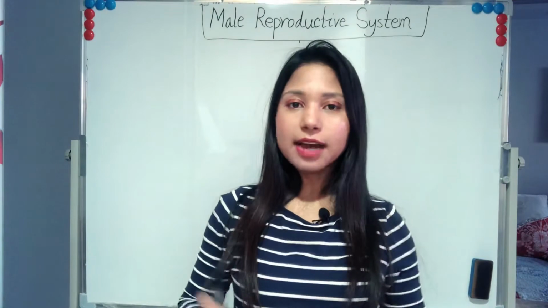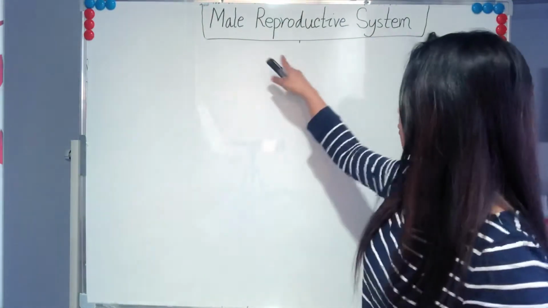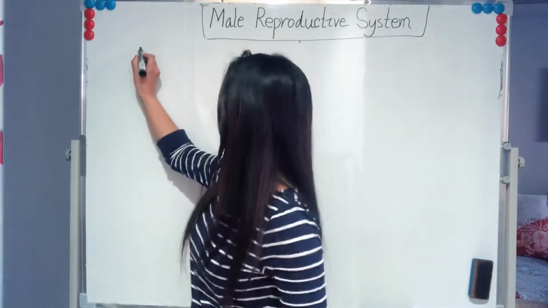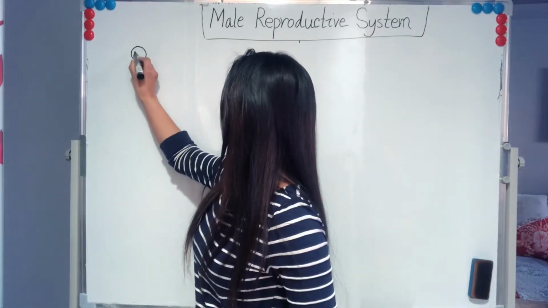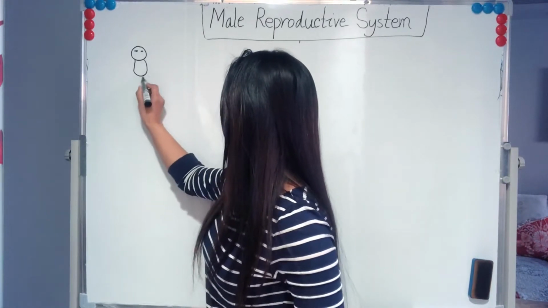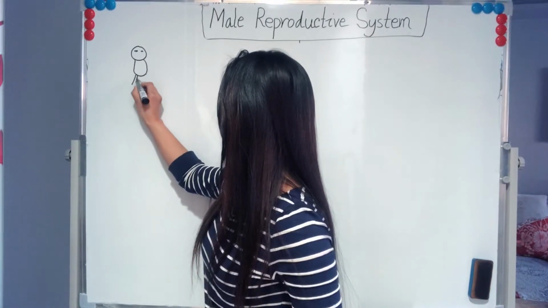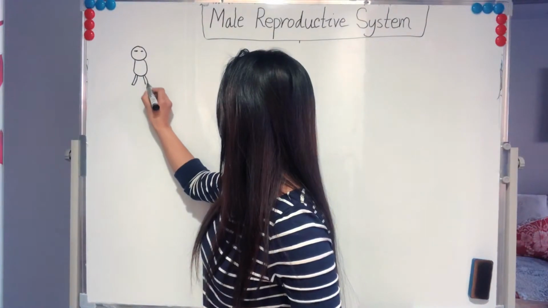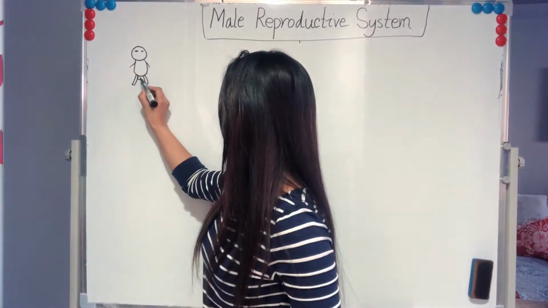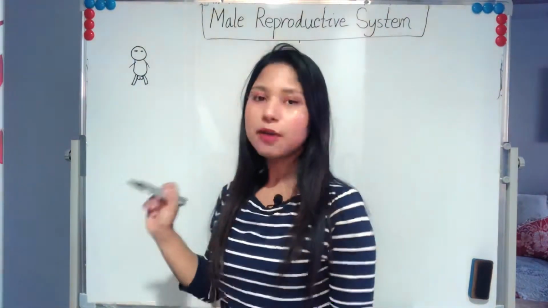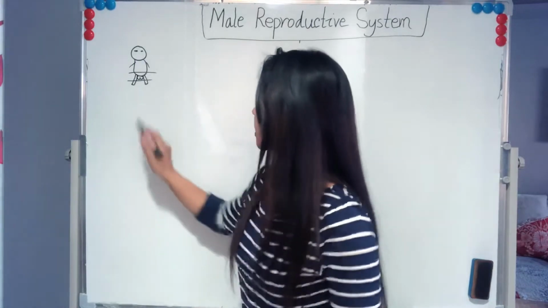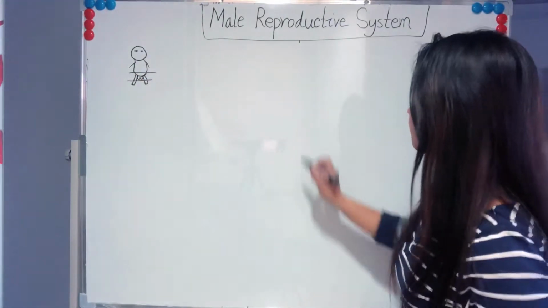Now I will make a diagram, then show you the structure of male reproductive system. So suppose this is a male, and this is abdominal cavity, and this is scrotum. Now I will enlarge this part, then show you here.